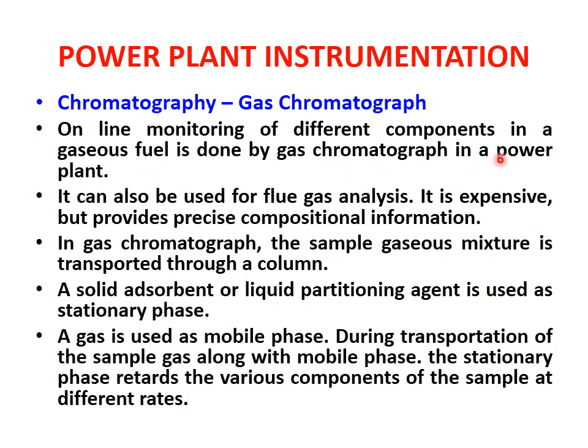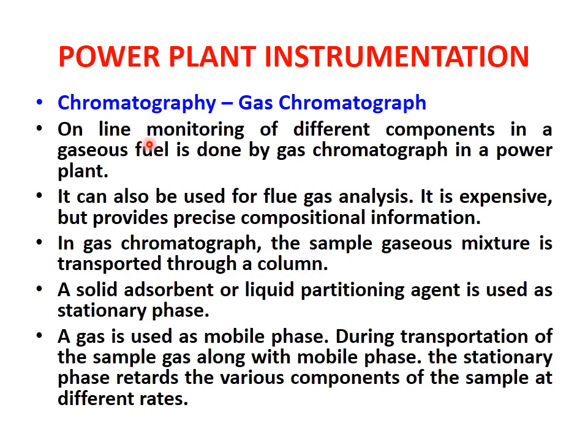Online monitoring of different components in a gaseous fuel is done by gas chromatograph in a power plant. So here we are taking into consideration our first type of chromatograph, that is a gas chromatograph. As we have seen, for the measurement of the quality or quantity of gas, or the component in a particular gas sample, online monitoring is more important.